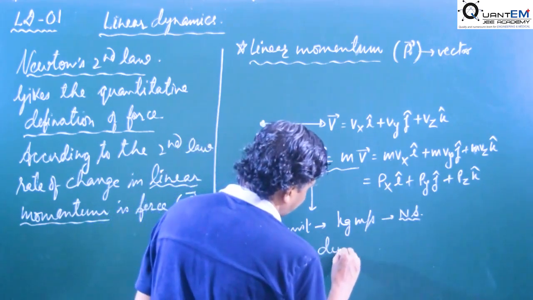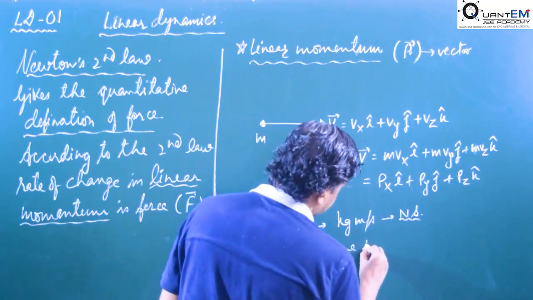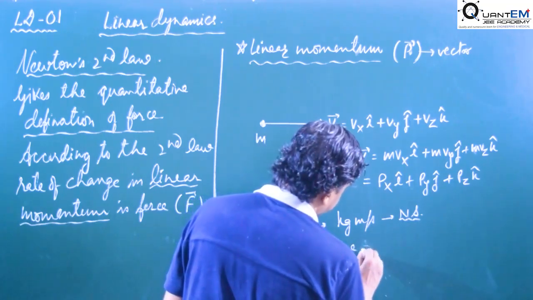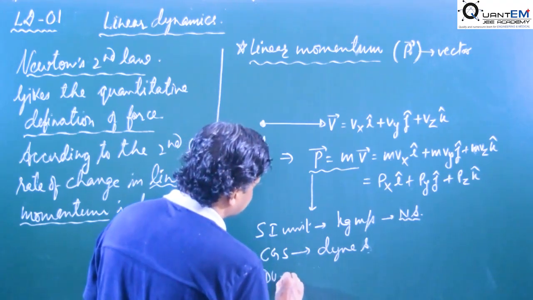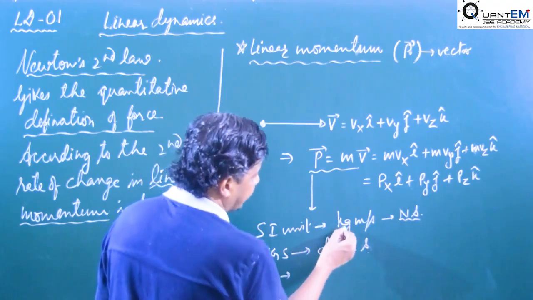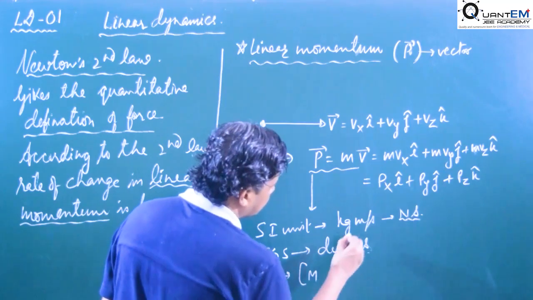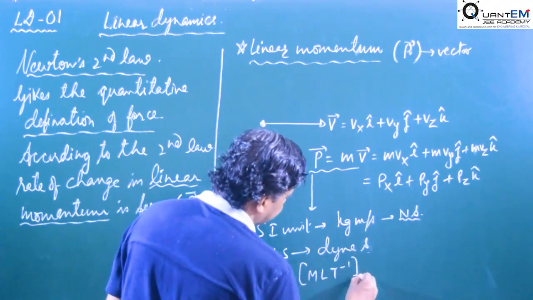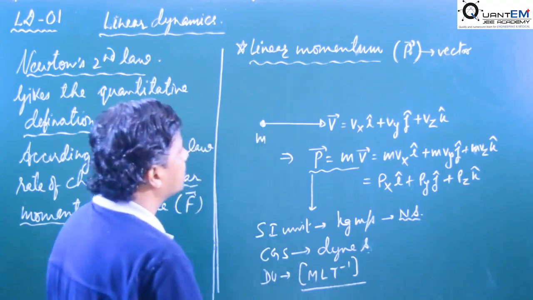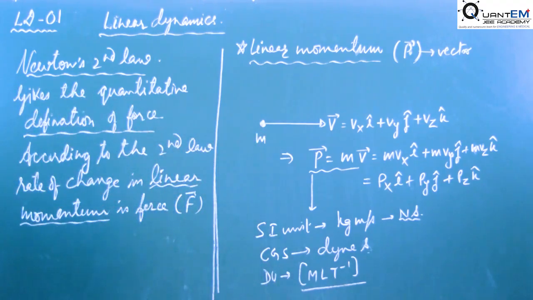In place of Newton we have Dyne second. And what about the dimension? Mass kg, meter, length divided by time. It is MLT minus 1. Okay. Now what we have, a rate of change in the linear momentum is force.